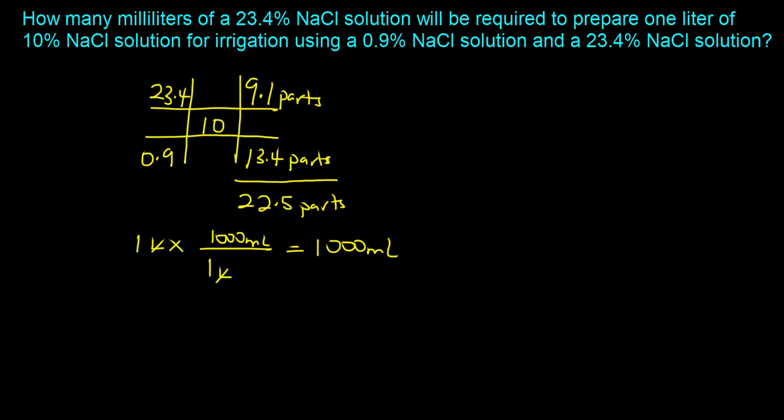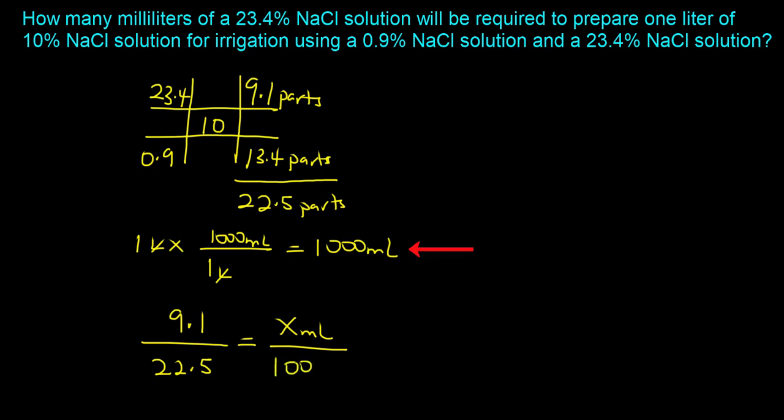And so to find the actual quantity in milliliters of the 23.4% sodium chloride solution, we will take the parts of the 23.4% sodium chloride solution, which is 9.1, divide that by the total parts, which is 22.5, and set up a proportion saying that that should be equal to some quantity in milliliters divided by the total volume we are making.